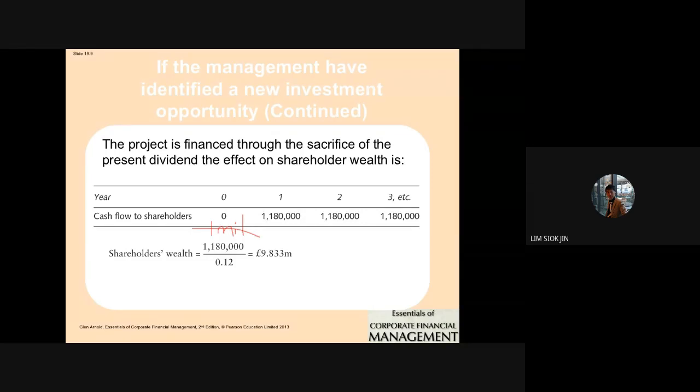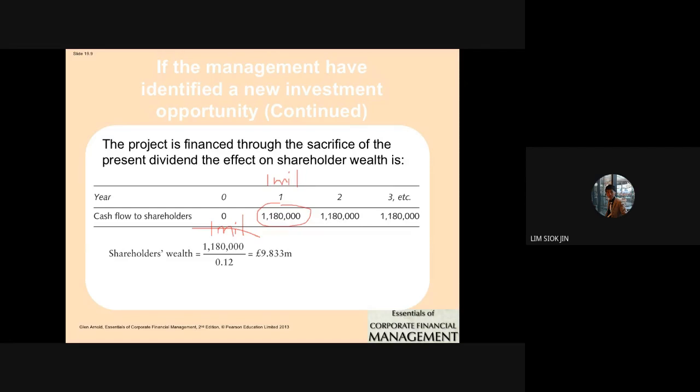However, from next year onwards, you will get 1.18 million. So instead of 1 million every year, now you will get 1.18 million every year forever.